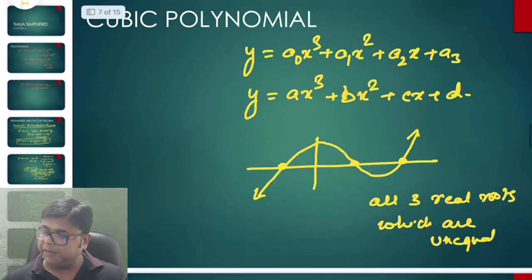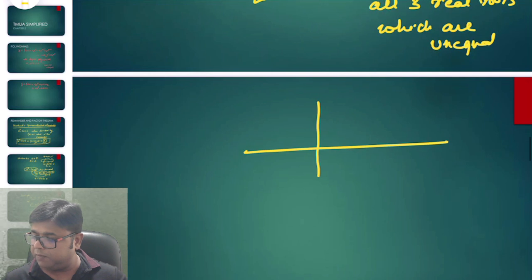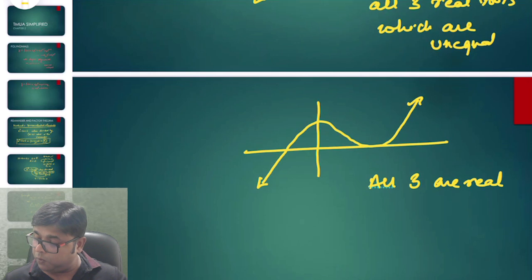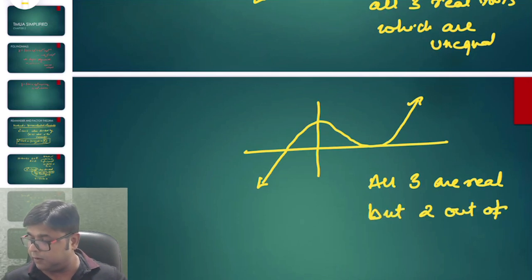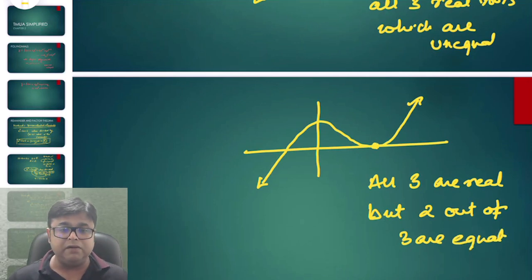But there can be other cases also of a cubic. Suppose I have a cubic like this. In this, all three roots are real, but two out of three are equal. You can see that whenever a curve is touching the axis, it does not represent one root, it represents two equal roots.